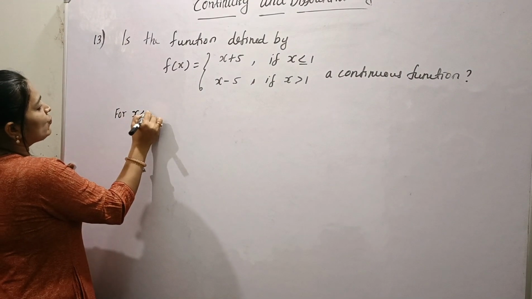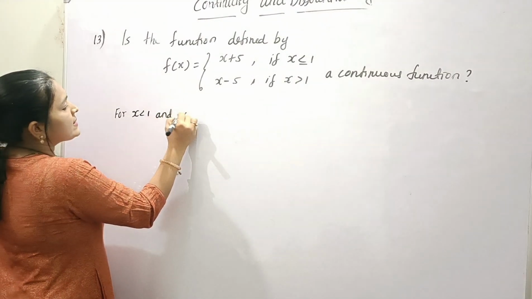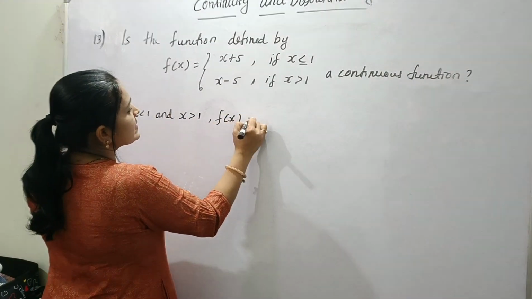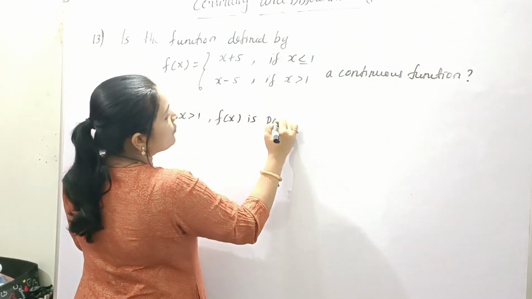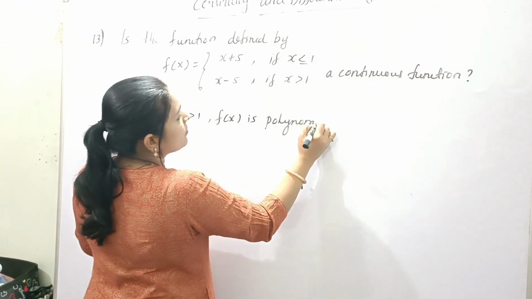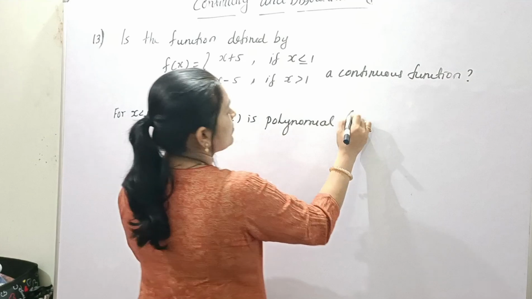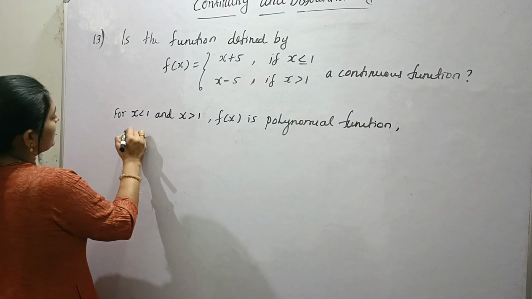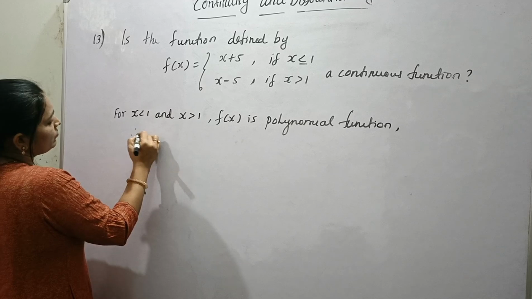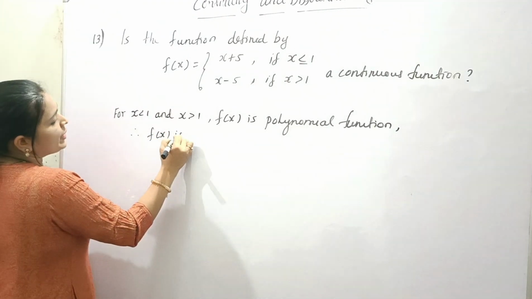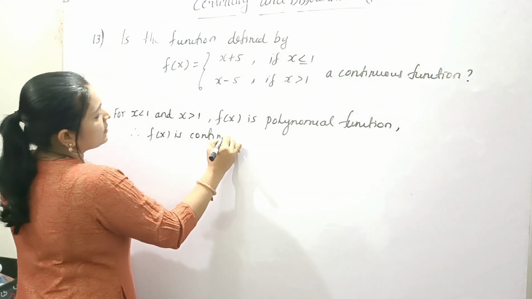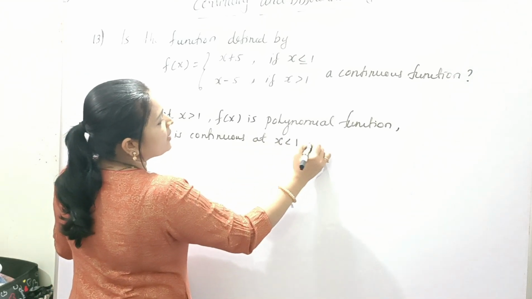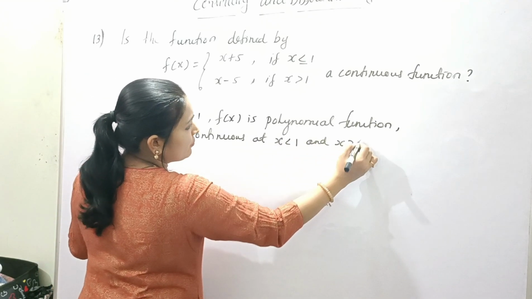For x less than 1 and x greater than 1, f of x is a polynomial function, therefore f of x is continuous at x less than 1 and x greater than 1.